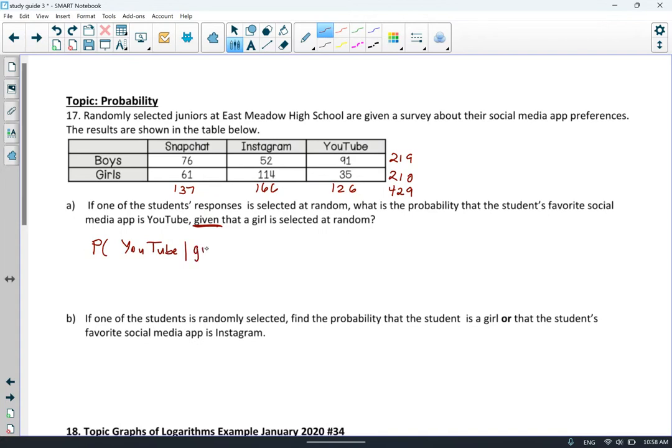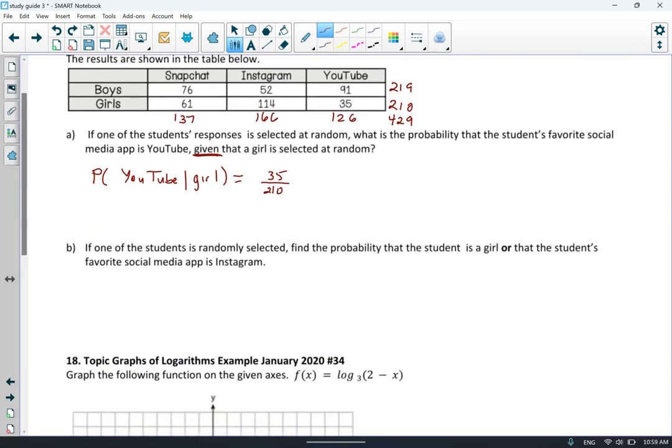Given girl, so the condition is the girl, so you're only looking at girls, which in this case is the row. So you're not looking at everyone, you're only looking at the girls. And of those, 35 out of 210 use YouTube. They don't tell you to round it. It's really not necessary. You can leave it just as is. You could simplify it, but if you simplify it wrong, we have to take off points.